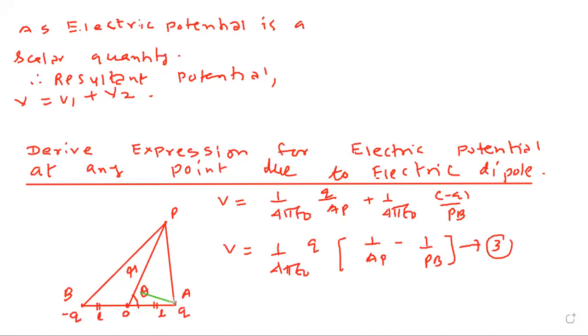Draw AM, BN perpendicular to OP extended up to N. So this is theta, even this angle will be theta. These are perpendiculars we have drawn, 90 degrees. Just draw this much in the diagram.